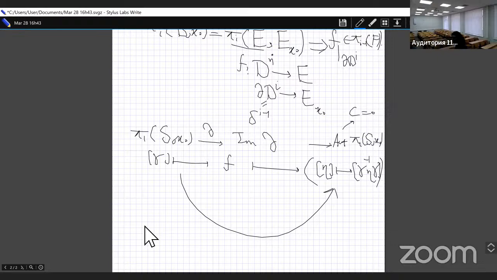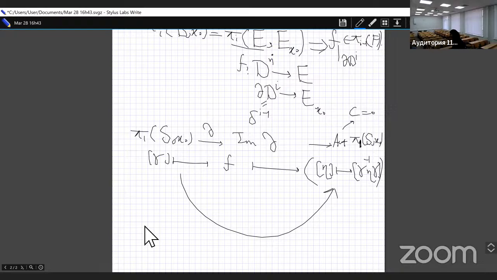So every element in the image of delta acts on the group by the identity on pi1 of X mod. Every element of diff X mod acts by the identity. No surprises there.